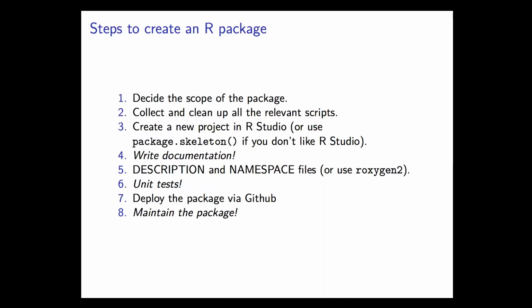So these are my quick notes on the steps you can take to create an R package. Maybe number one is one of the most difficult: decide what the scope of the package is. Sometimes that's easy because you have a project, maybe a scientific project, and you want to publish your code, and that's a natural way of defining the scope.